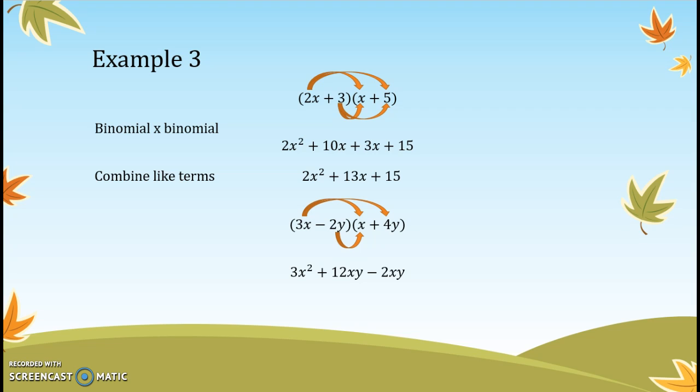You certainly could put 2yx, but I like to keep it in alphabetical order so it's easier to combine like terms. And negative 2y times 4y is negative 8y squared. Again, we can combine like terms in the middle because they both have an xy, giving us 3x squared plus 10xy minus 8y squared.